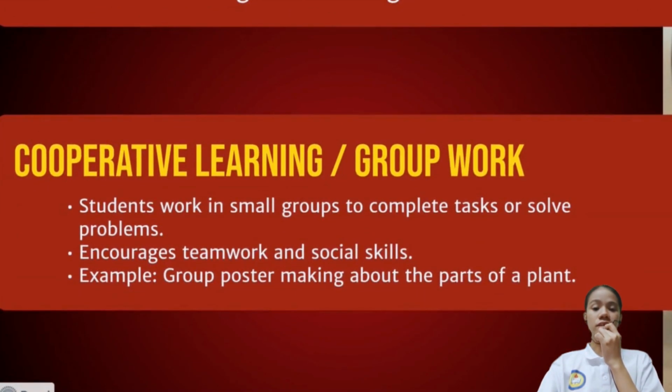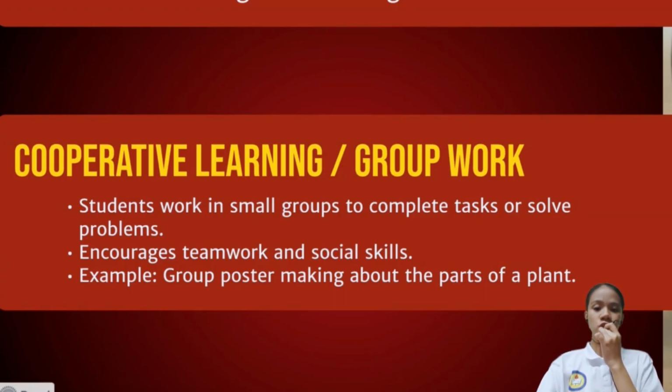Cooperative learning is a teaching strategy where students work together in small structured groups to complete a task, solve a problem, or create a product. In the setup, each member has a role and contributes to the group's success, ensuring that learning becomes a shared responsibility rather than an individual one.